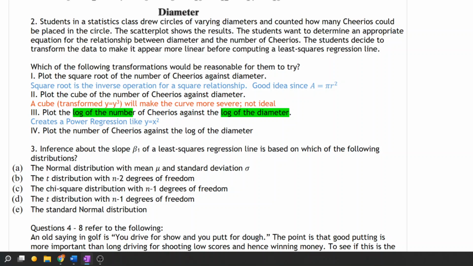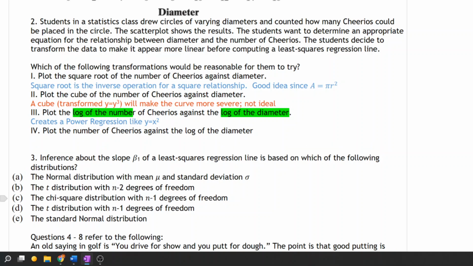Now, I actually made a little bit of a mistake on the cubic relationship. Basically, you're going to take the y-coordinate and cube it, so the real transformation here is y equals y cubed. And for the same reason, that's not going to work either.